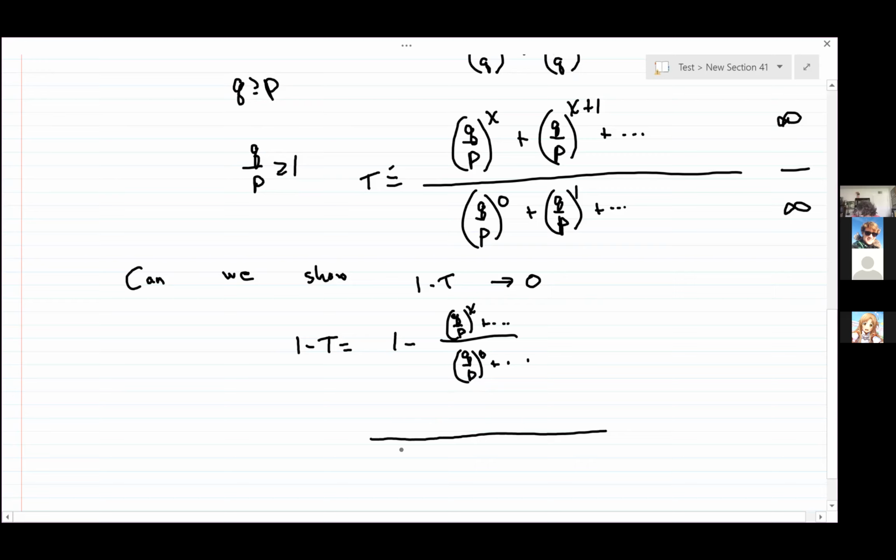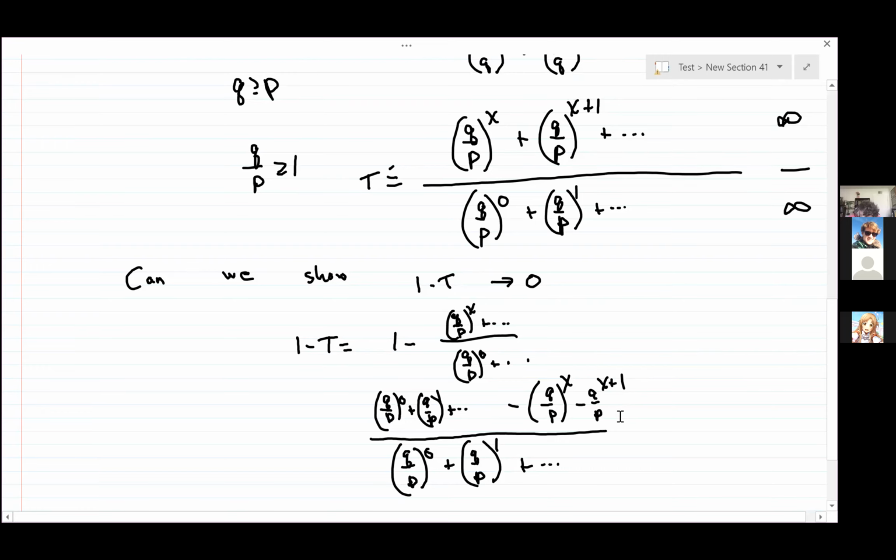So the common denominator would be what's on the bottom, Q over P to the 0, plus Q over P to the 1st, all the way out. And then this would be this same series, Q over P to the 0, Q over P to the first, minus this one. So in that case, what will you get?